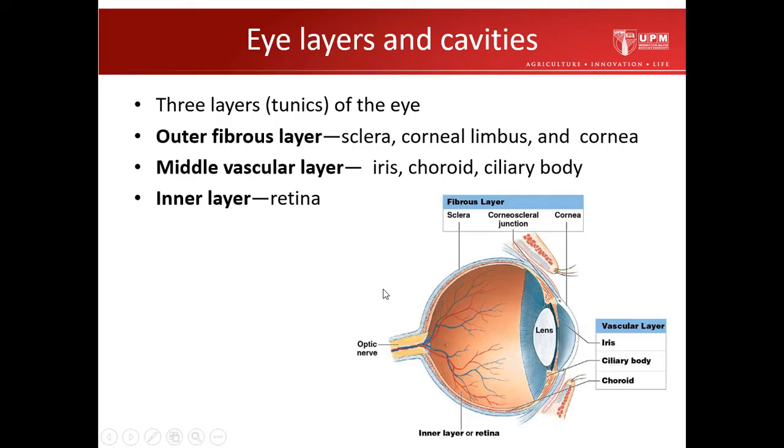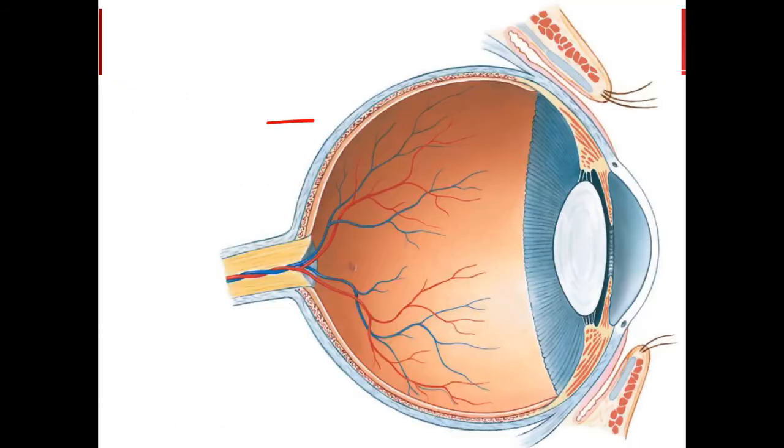The wall of the eye has three layers, known as tunics. The first one is the outer fibrous layer. The second one is the vascular layer, also known as the uvea, and the third one is the inner layer, known as the retina.